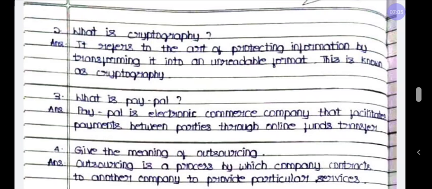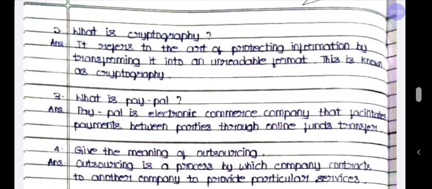Suppose you visit any website and create an account, it asks you to set your own password. It should consist of a capital letter, a special character, and a number. All of this gives a strong password. Got it? It is called cryptography.